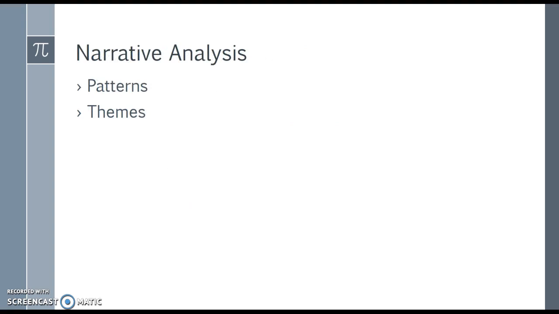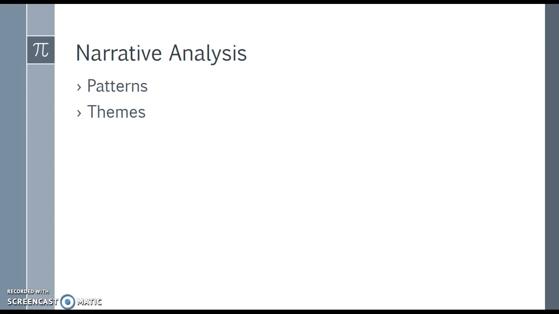So looking at a narrative analysis, we're looking at patterns specifically. As we gather our information from each of the interviewees in our research project, we're looking for specific patterns. These could be patterns of behavior as people are answering the questions. Maybe there were questions that were a little sensitive, so in your journal, you're going to make notes about that.